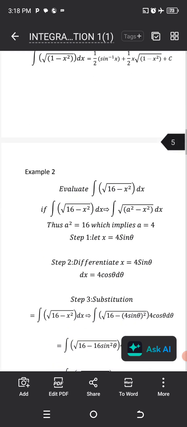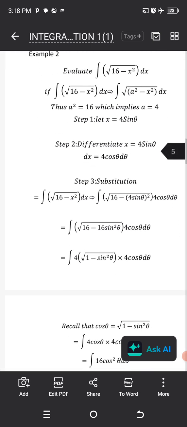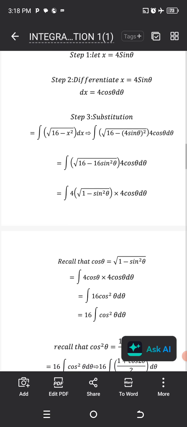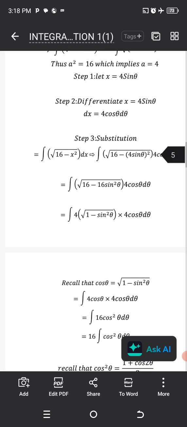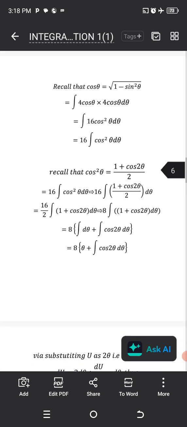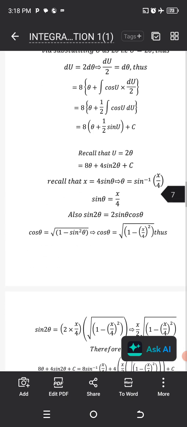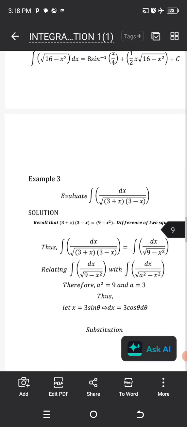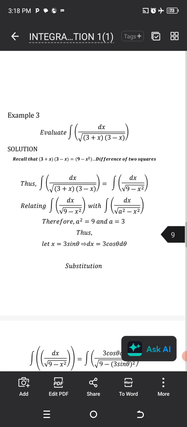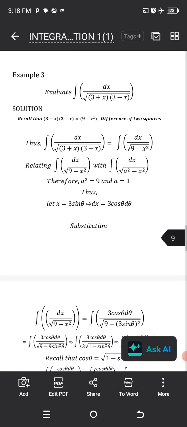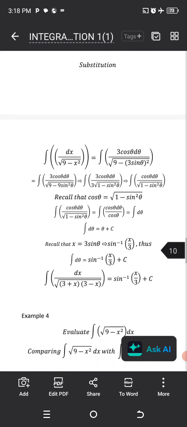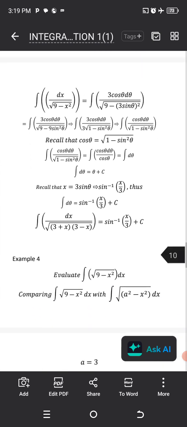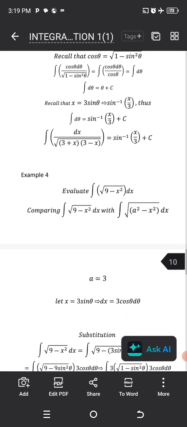And this is example 2. Example 1 is a little bit simpler compared to example 2. And you see, same process, same principle, same step. And this is example 3, which is the quotient function now. You see it. That one is a little bit simpler compared to just an ordinary expression.